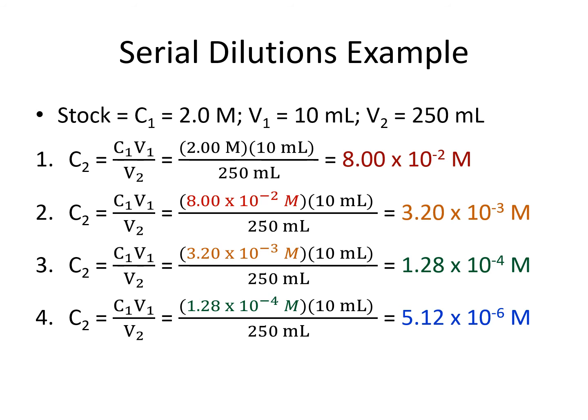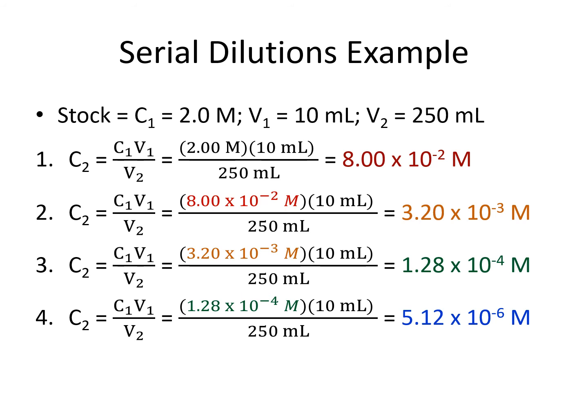So the concentration in flask number 1, we're going to solve by using C2 equals C1V1 over V2, where C1 is our original stock solution of 2 molar, V1 is the initial volume that we're taking out of the stock and putting into the new flask, which is 10 milliliters, and then we divide by V2, which is the new volume that we created of the diluted solution, which is 250 milliliters. So we do 2 times 10 divided by 250, and that gives us a concentration of 8 times 10 minus 2 molar for our first volumetric flask.